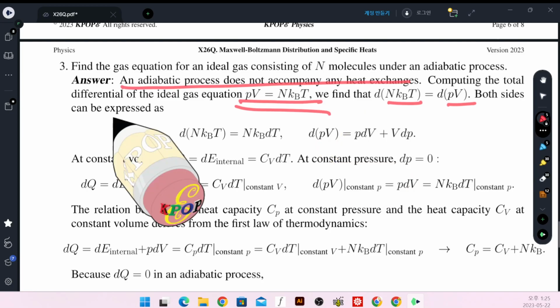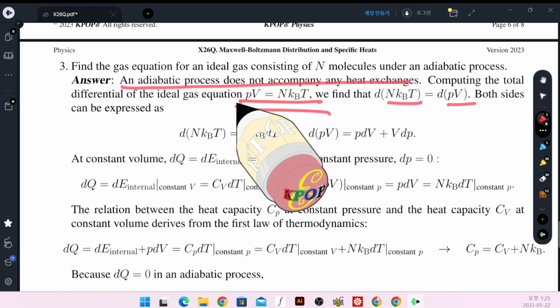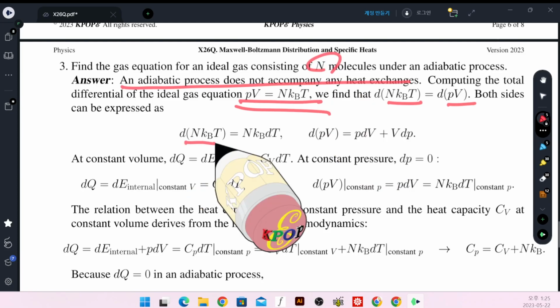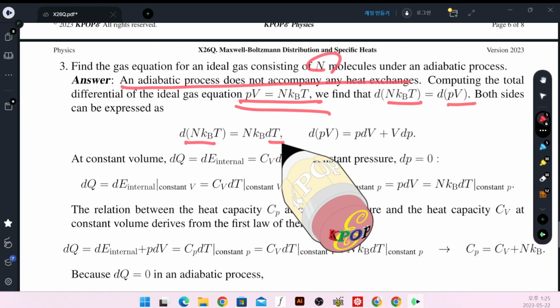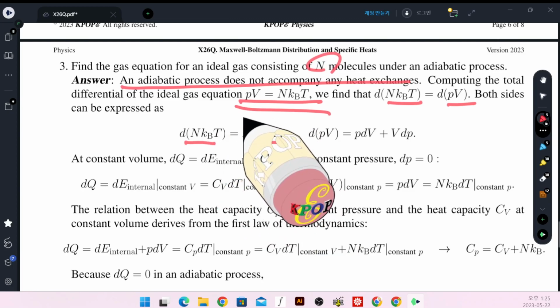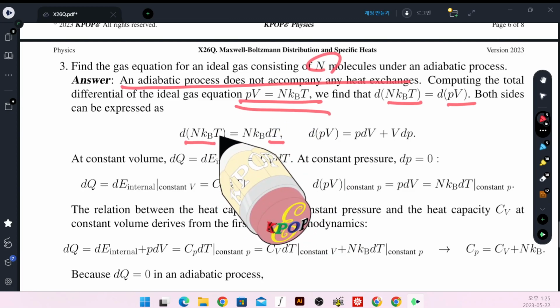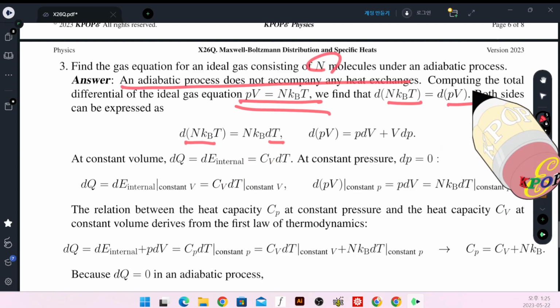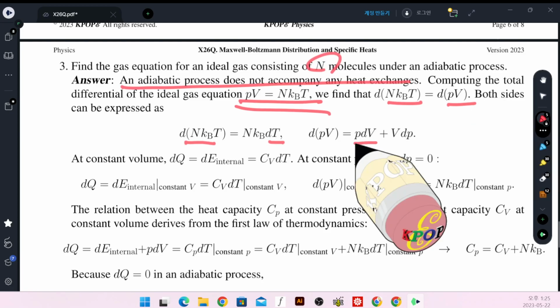Both sides can be expressed in terms of this because we keep the number of molecules. So this is proportional to the dT, and the other factor is a constant. Right hand side, we can apply the Leibniz rule for the product differentiation, computing the differential of the product, and we have this.